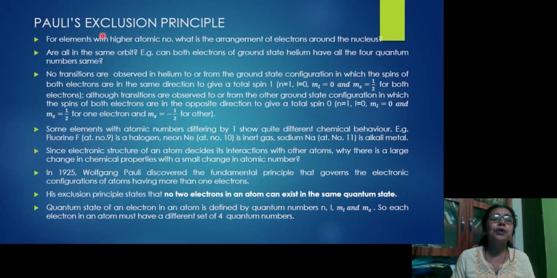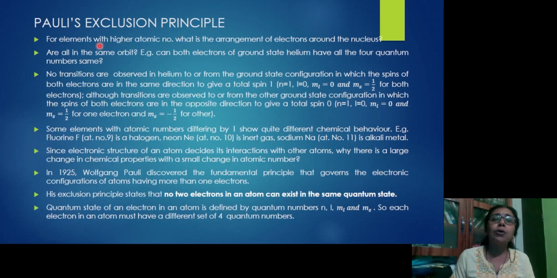Till now, we have studied the hydrogen atom spectrum, and we know that hydrogen has atomic number 1. That is, it has a single electron. So, this single electron will be in the shell with principal quantum number, say, n equal to 1.